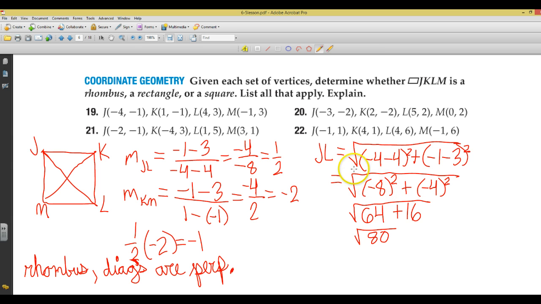Let's also find the length of KM. So my x's are 1 and -1. And my y's are -1 and 3.